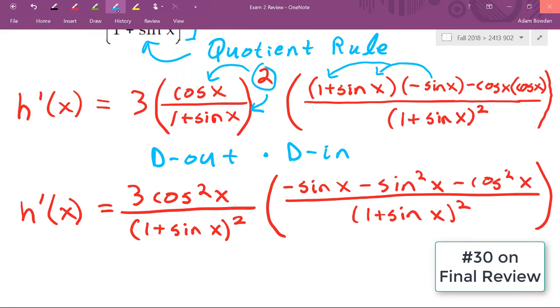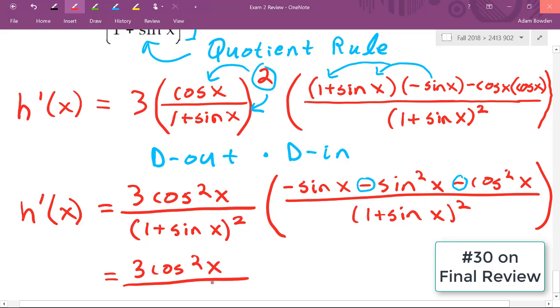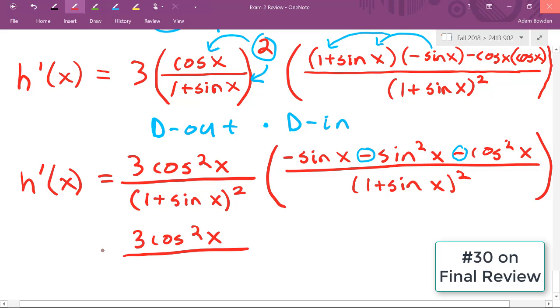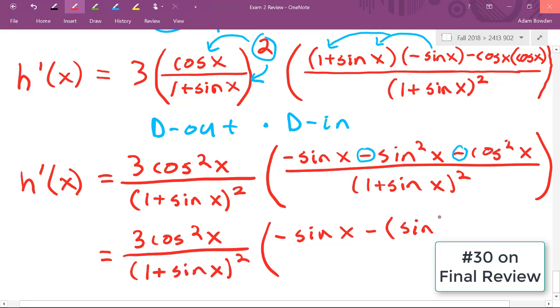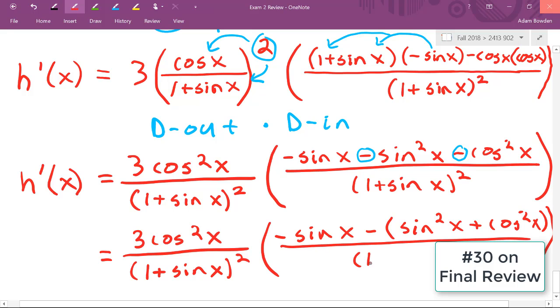Now what I'm going to do here is take a negative from in front of both of these and factor it out. So we're going to rewrite this another time down here below. We're going to have negative sine x minus sine squared x plus cosine squared x all over the denominator.